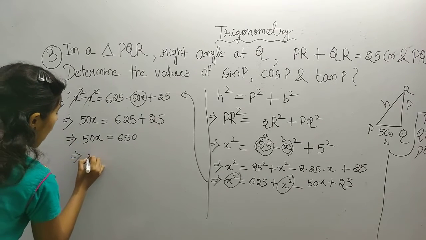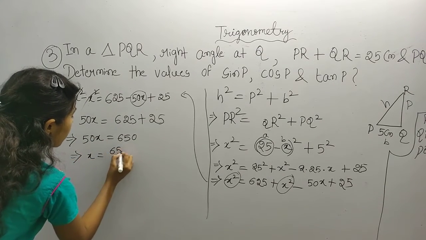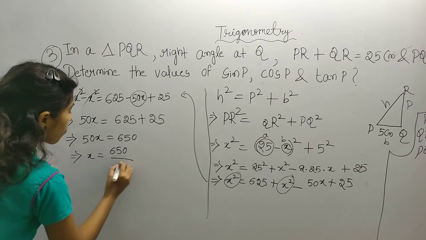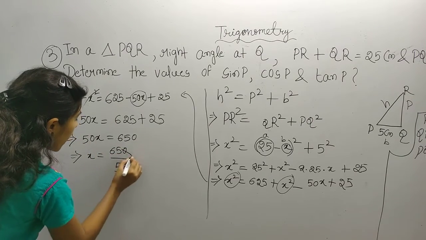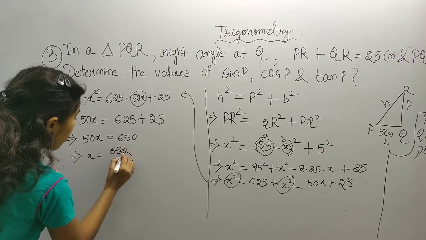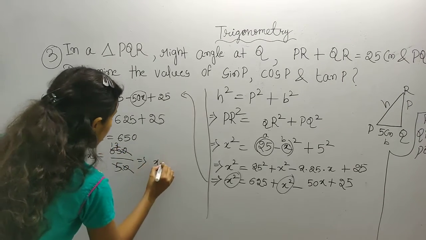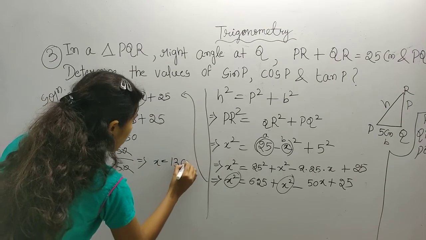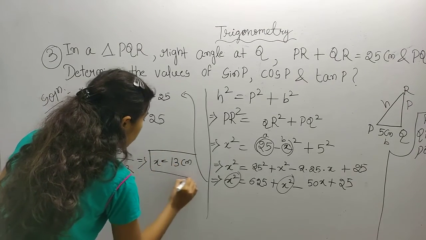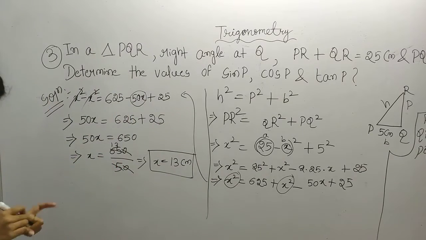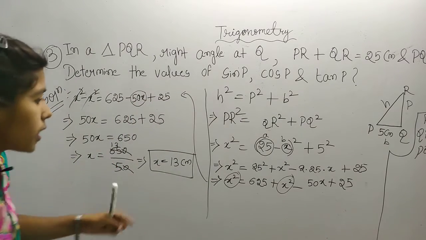That implies x equals to 650 divided by 50. The 0 will cancel. Again in the 5 table, 5 3s are 15. So x equals to 13 cm. How much x came? 13 cm. Let us erase this part.